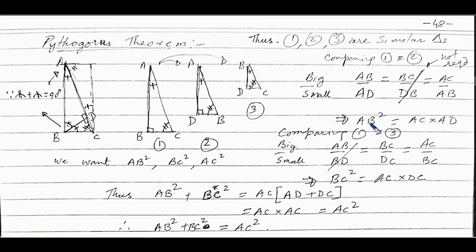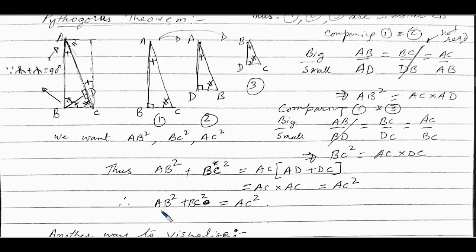So I can sum this: AB square plus BC square is AC into AD plus AC into DC. AC is common, so I take AC out: AD plus DC. And what is AD plus DC? AD plus DC is AC. So I have AC into AC, so I have AC square. So I have this formula: AB square plus BC square is equal to AC square.